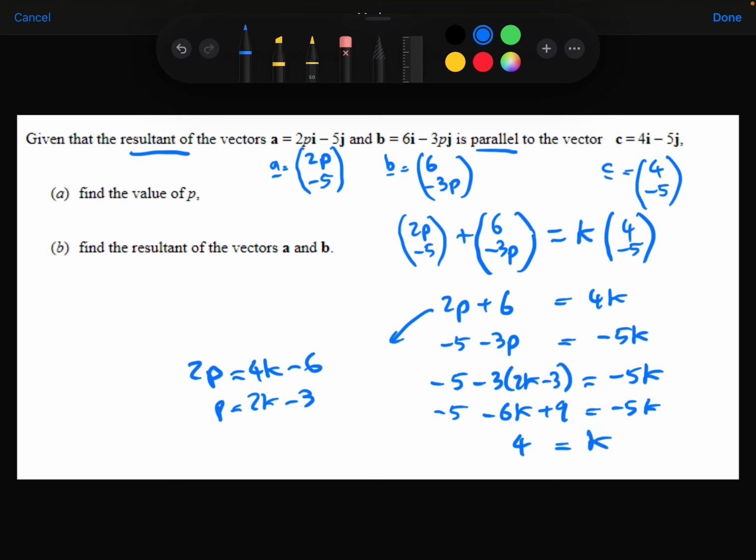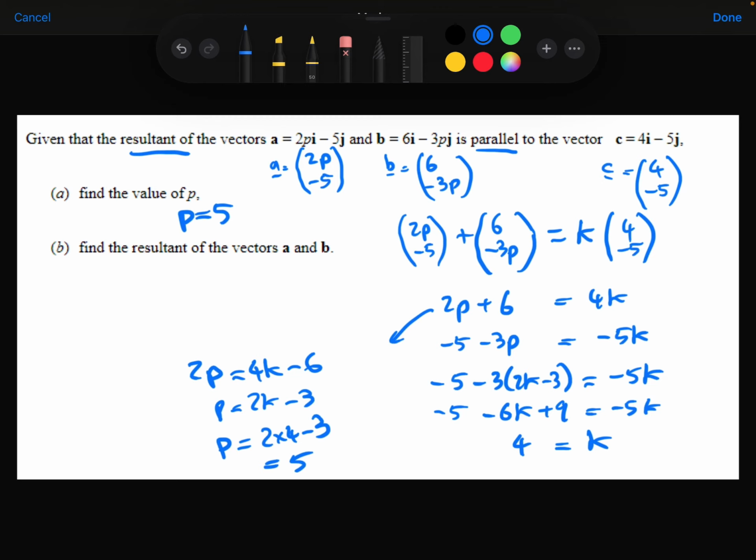So k is equal to 4. And so p is 5. So that's my answer for part A.